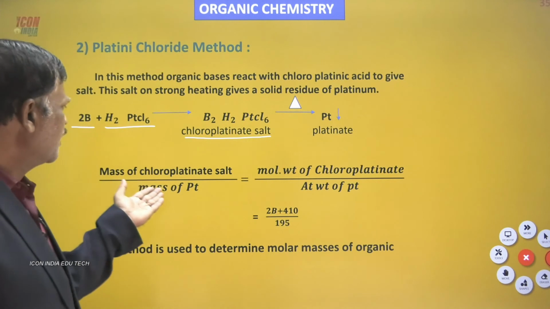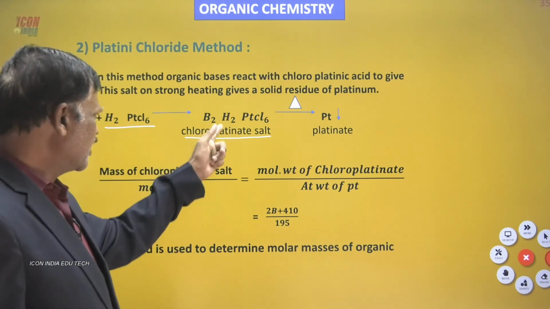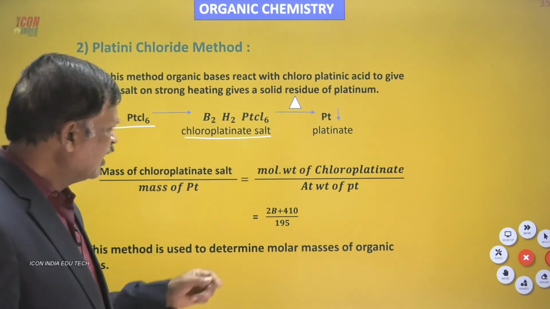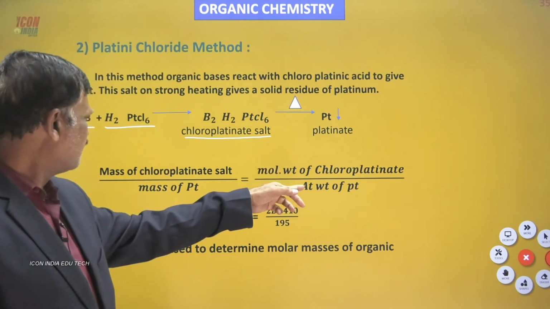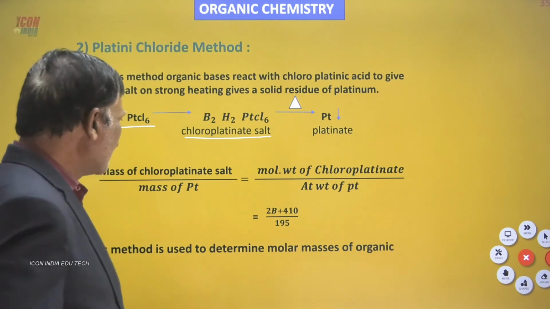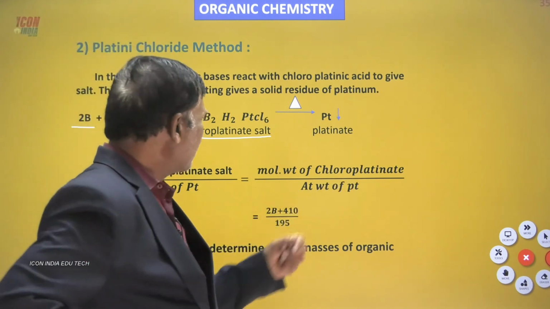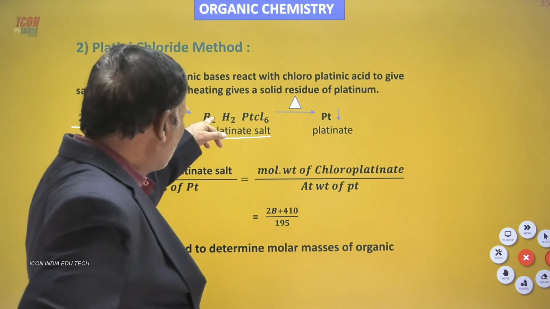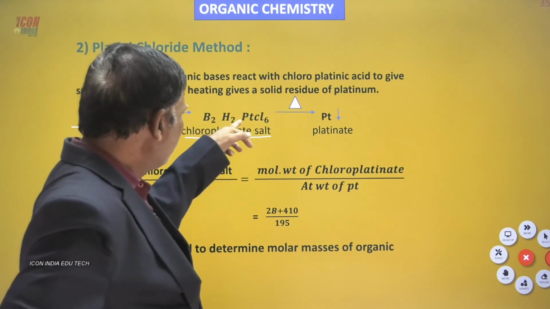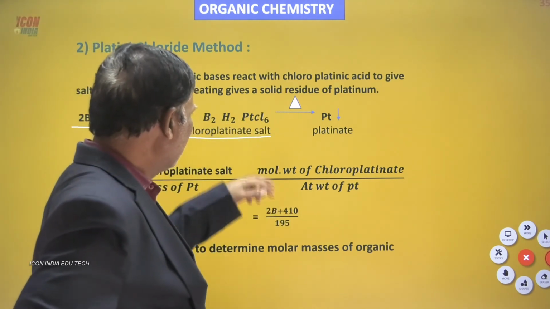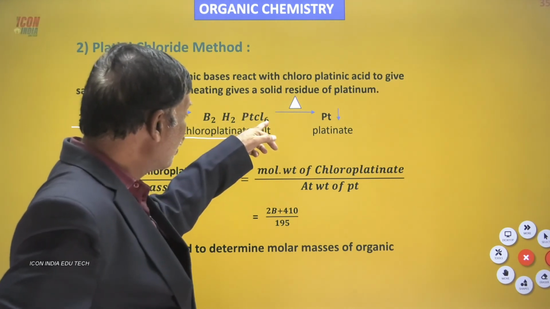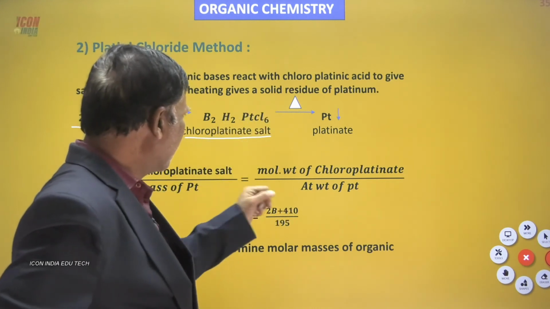So, mass of the chloroplatinate salt, which is given in the experiment, divided by mass of platinum, that is also given in the experiment, is equal to molecular weight of chloroplatinate salt divided by atomic weight of platinum. How do we get the molecular weight of the salt? It is 2B plus chloroplatinic acid, that is 410: 2 hydrogens, 1 platinum, 6 chlorines together give 410.